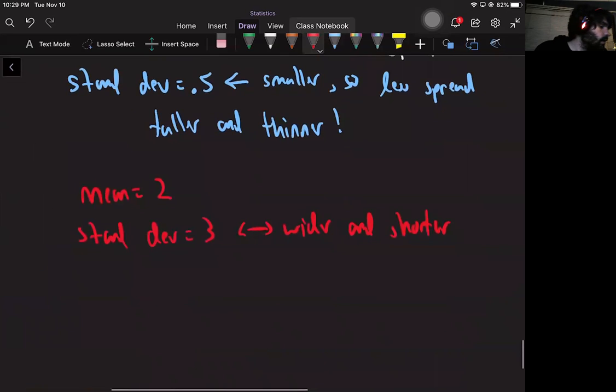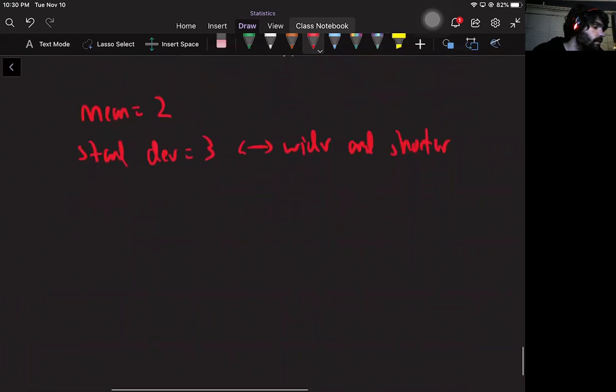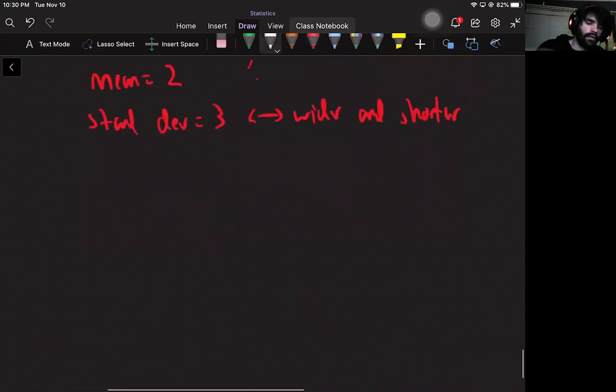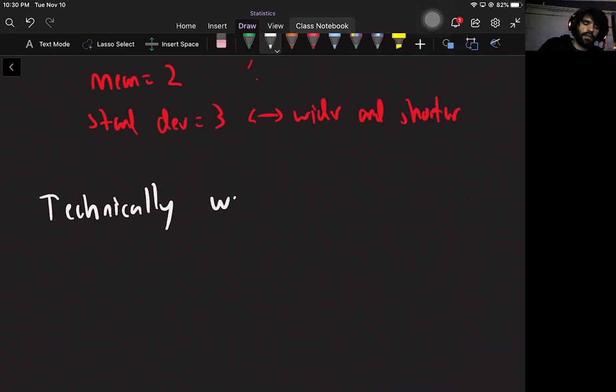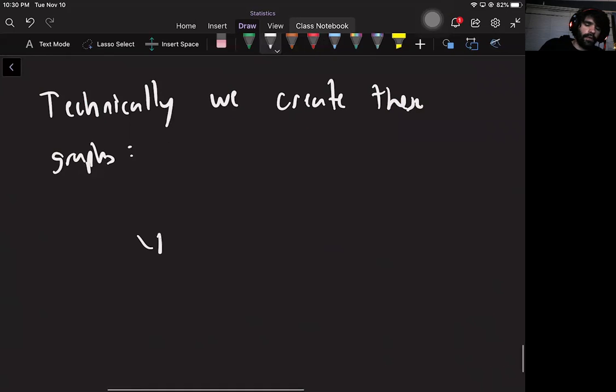All right. So now, just to scare you, I guess I should mention technically how these graphs are created. We're never going to touch this, so don't get scared. Technically, we create these normal distributions with this equation.